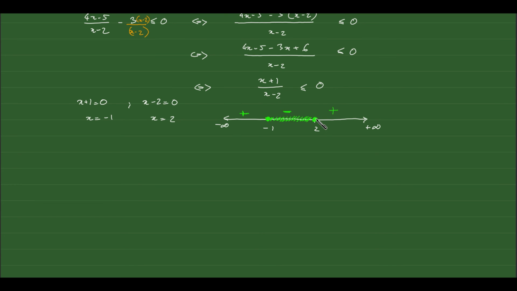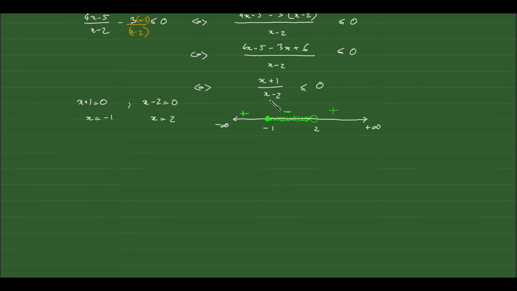It means that right over here you cannot use a closed circle for 2. You have to use an open circle for 2, because you cannot have 2 here. 2 minus 2 is 0, undefined. So you have to be careful.